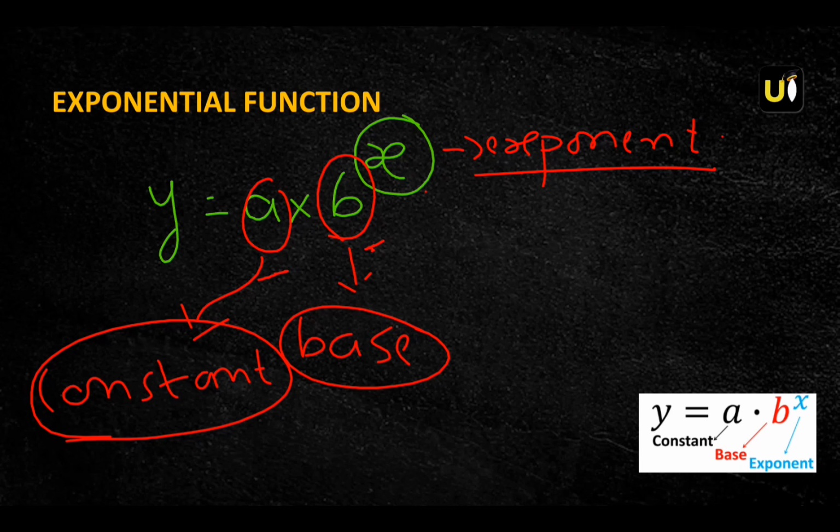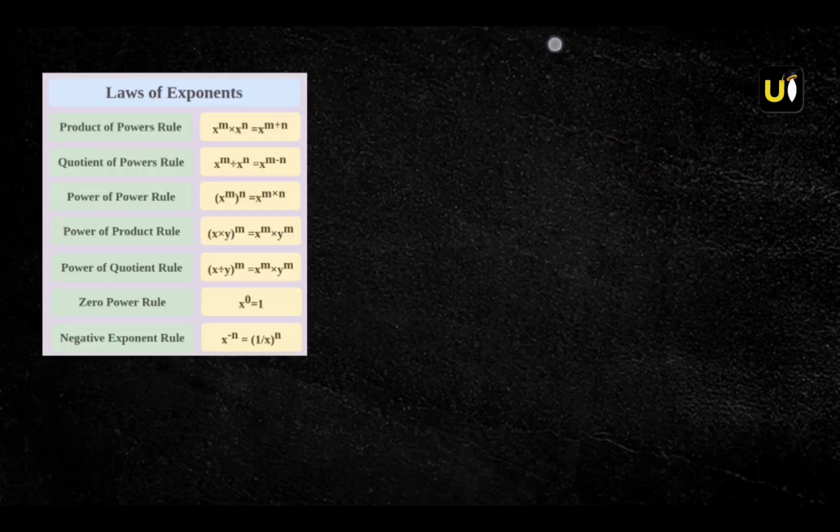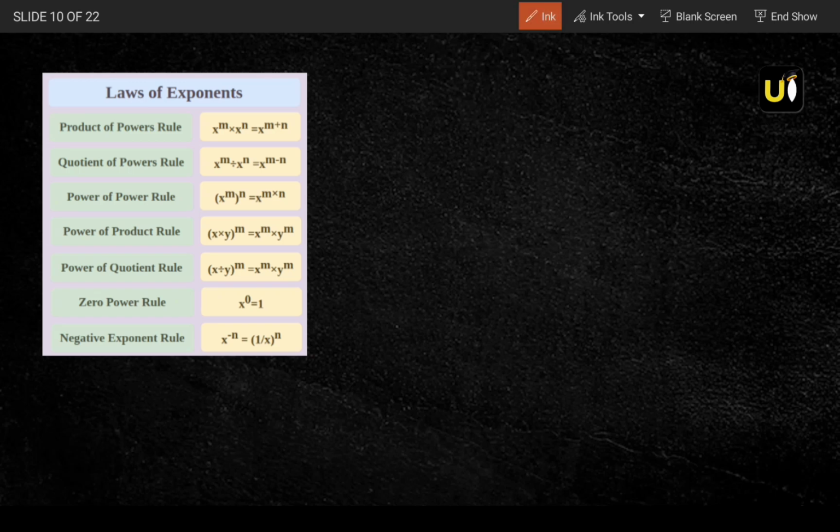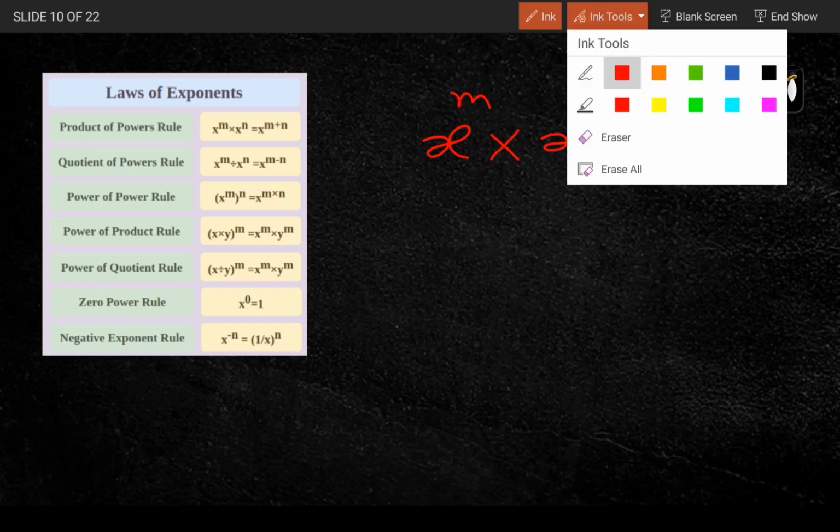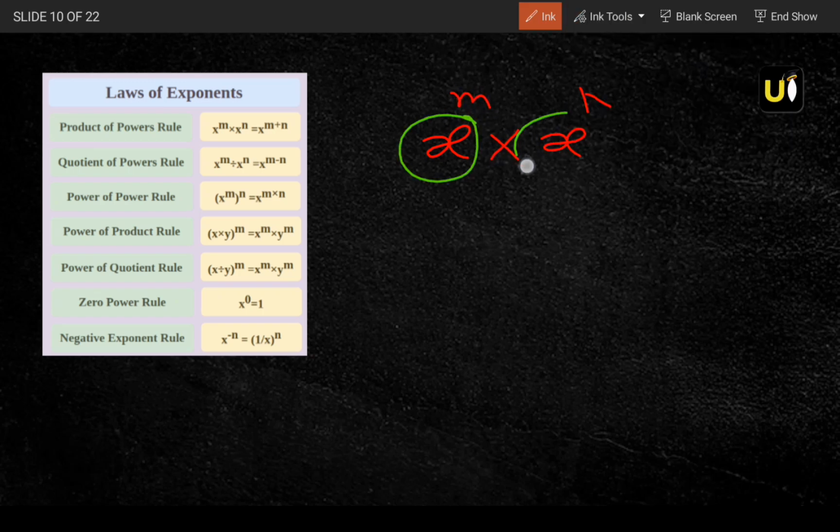Now these exponential functions have some properties and some laws. Let's discuss what those are. For example, you are given x power m into x power n. Remember here the bases, x and x, are the same.